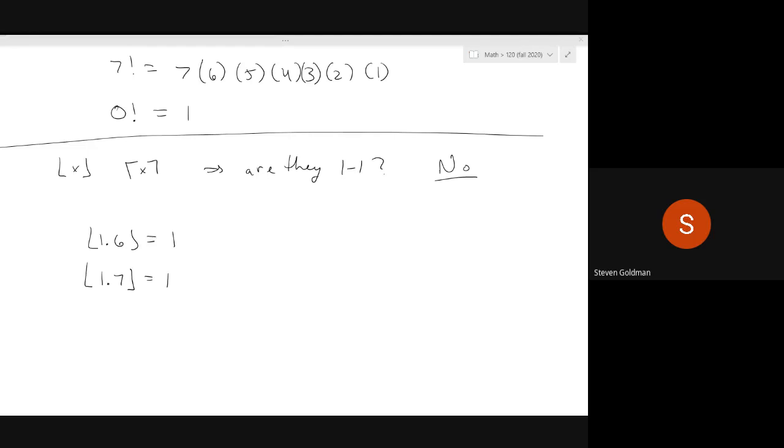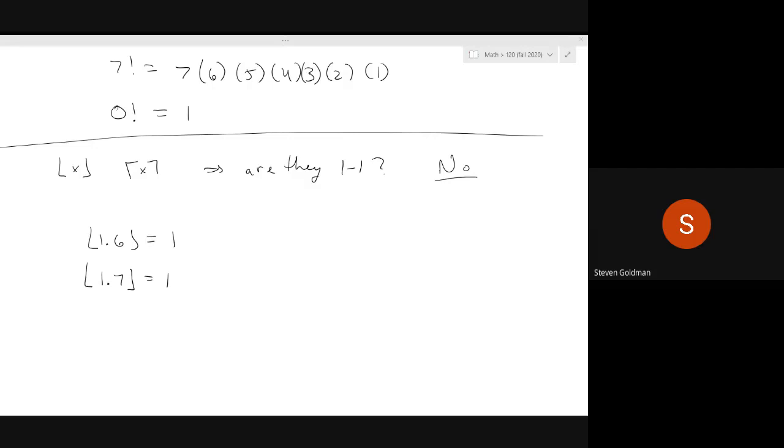The last thing I said was that if you take a composition of a function f with its inverse, they're going to cancel each other out, and you'll just be left with x. The order doesn't matter.